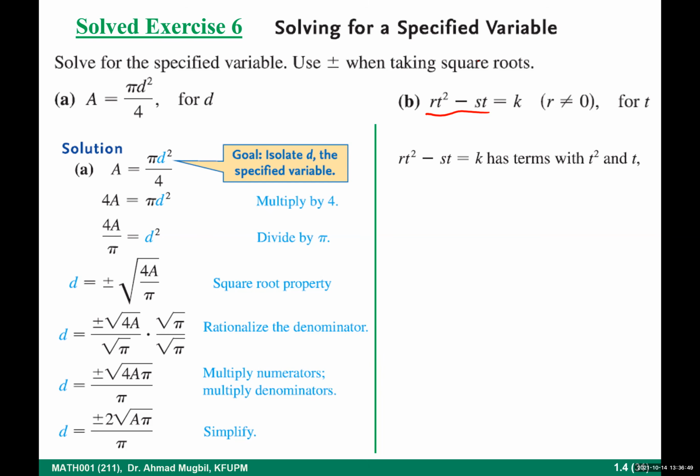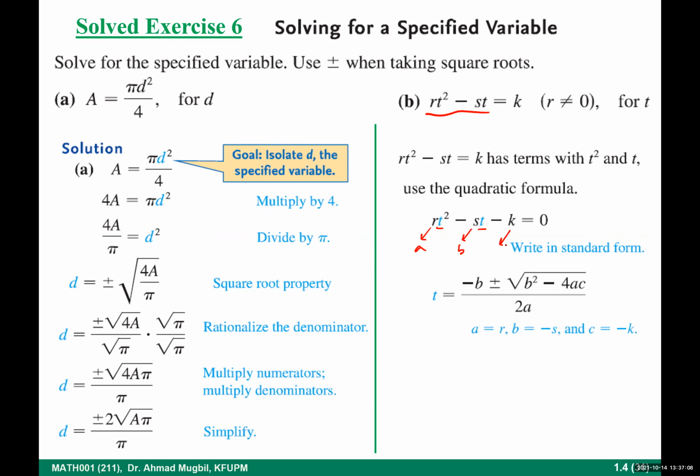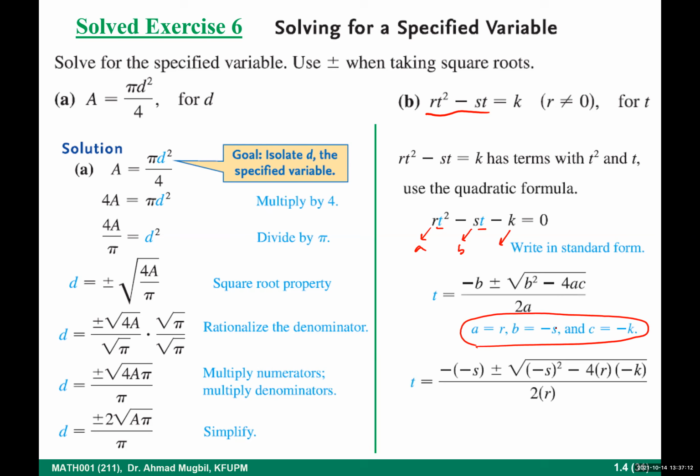So what you need to do is write it in the standard form that we usually have. Eliminate the right hand side like this. Now this is your variable that you want to solve for. This will be A, this is B, this is what? C. Determine them and use what? The quadratic formula. And simplify. You need here, of course, to simplify.